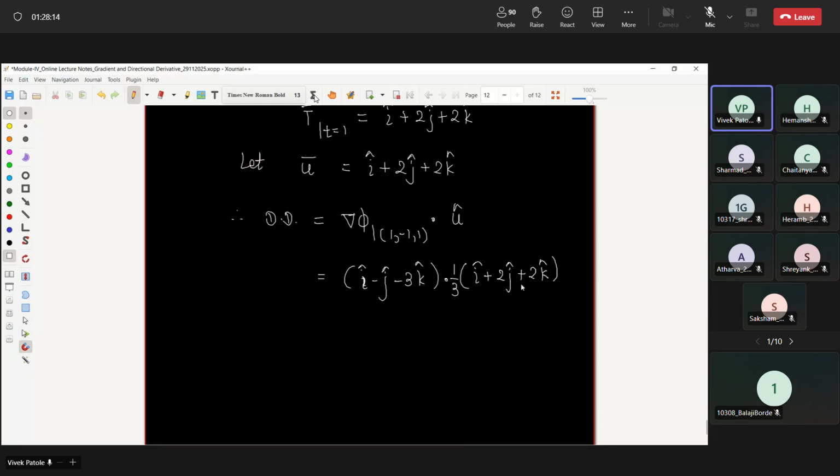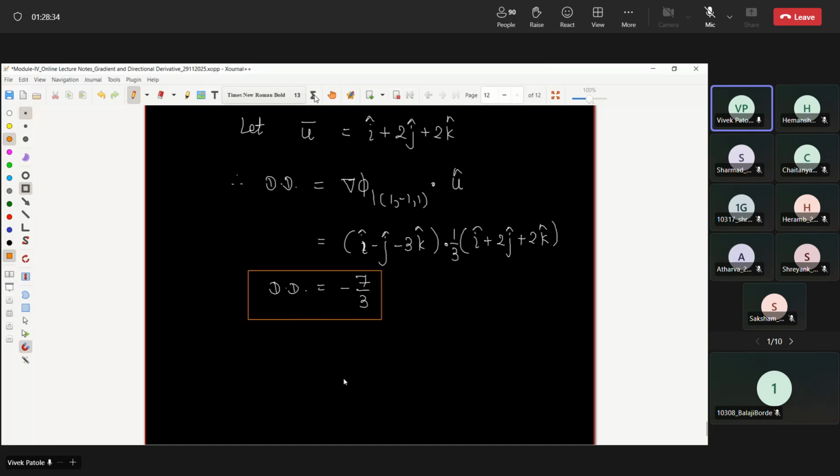So this is equal to minus 7 by 3. Okay, if you take any other point, you will get the other value. Means instead of t equal to 1, if you take t equal to 0, or t equal to 2, you will get the other value of this directional derivative.